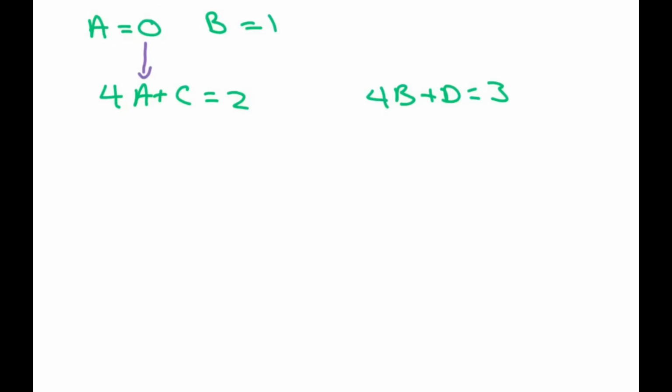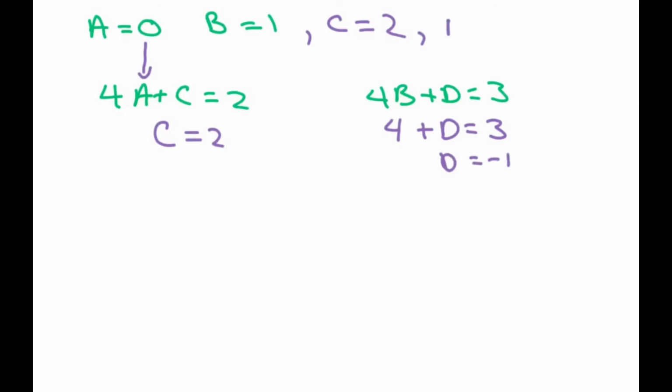My a is 0, so that's going to be c equals 2. And for my b is 1, so I got 4 times 1, which is just 4, plus d equals 3. And if I subtract 4 from both sides, I get d equals negative 1. Alright, and then we're just going to plug it back in.